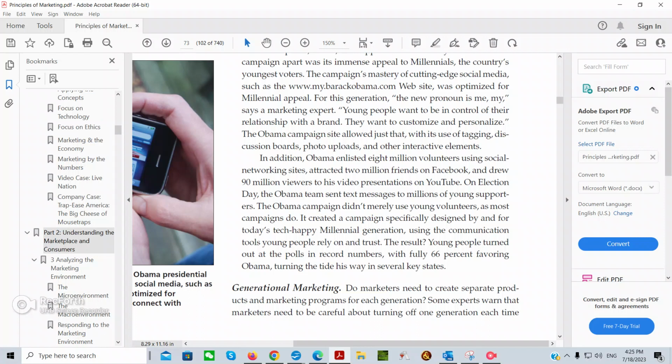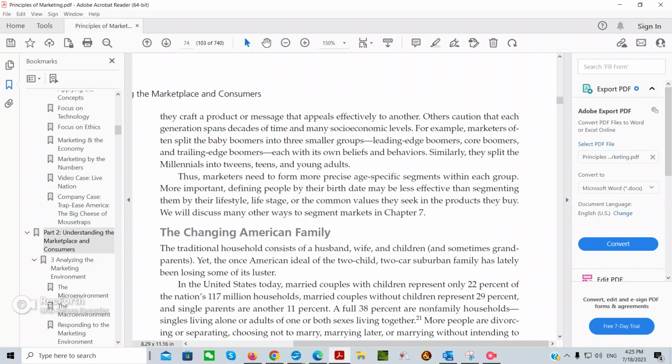Understand? Let's talk about generation marketing. Do marketers need to create separate products and marketing programs for each generation? Some experts warn that marketers need to be careful about turning off one generation each time they craft a product or message that appeals effectively to another.